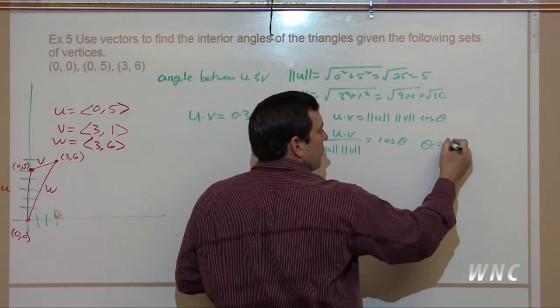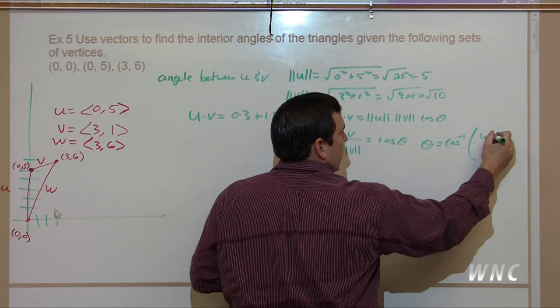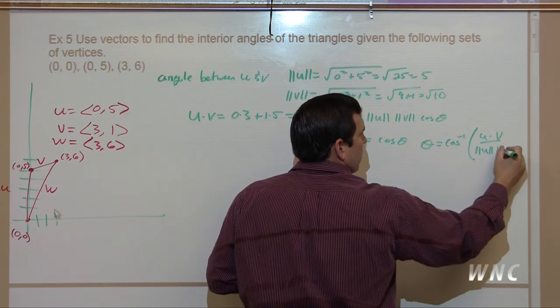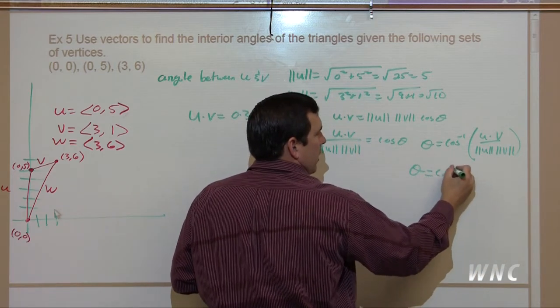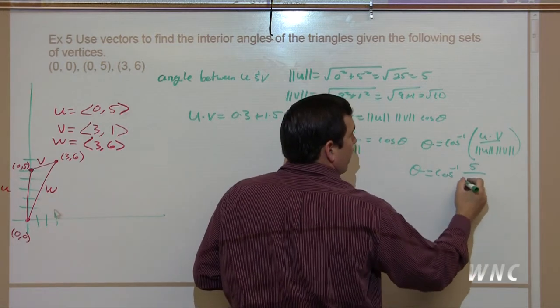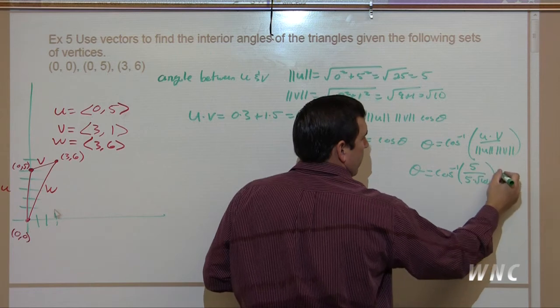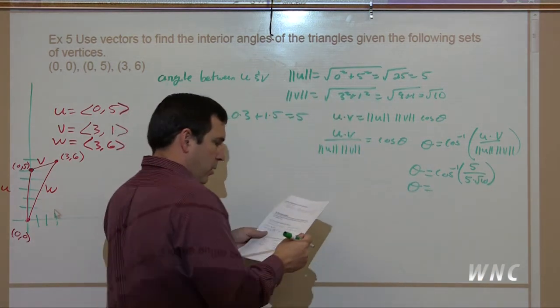So theta will be equal to arc cosine of u dot v over the magnitude of u times the magnitude of v. So theta is going to be equal to arc cosine of 5 over 5 times the square root of 10. And that comes out to be, in degree mode.